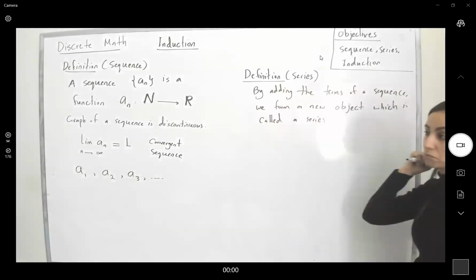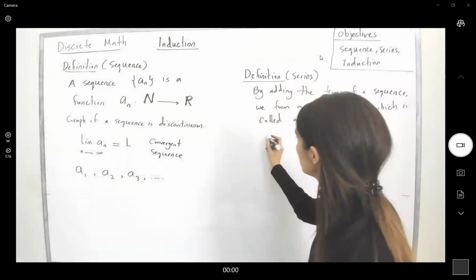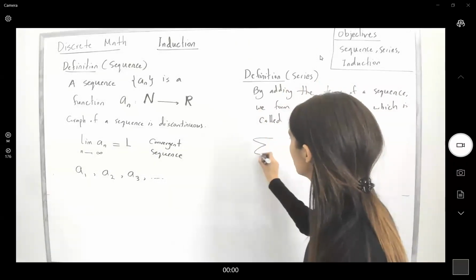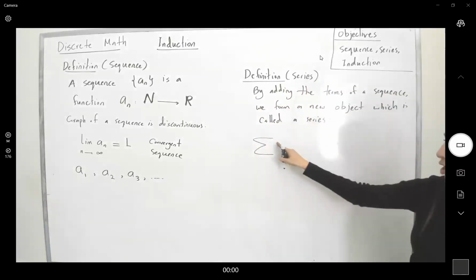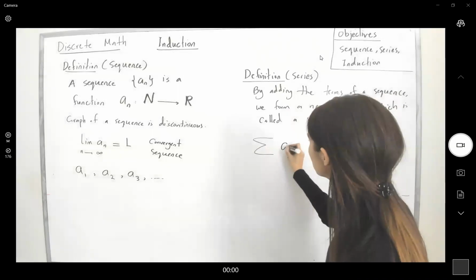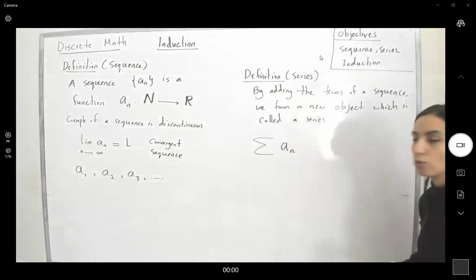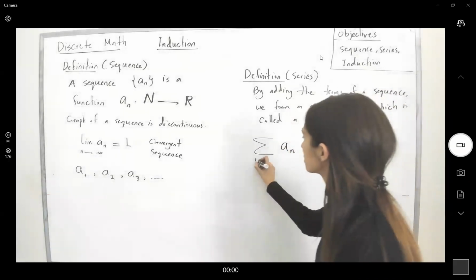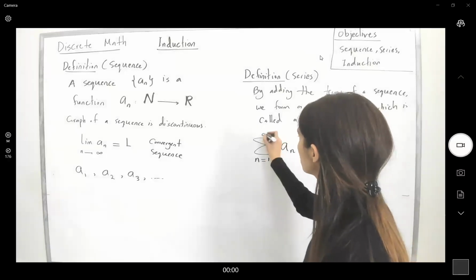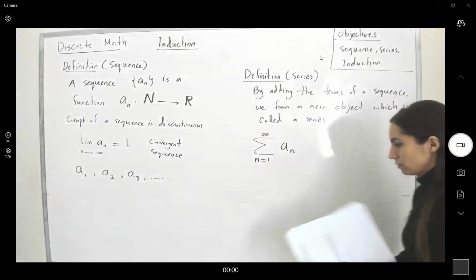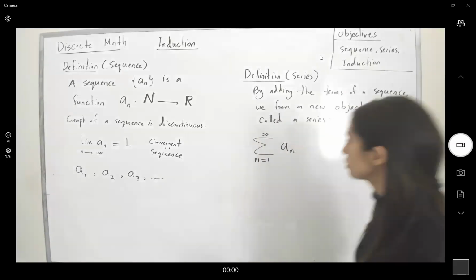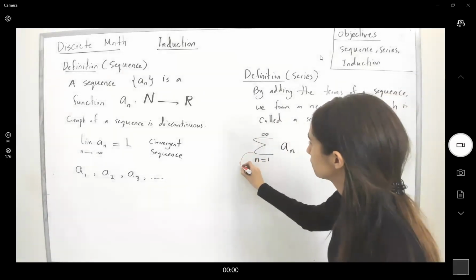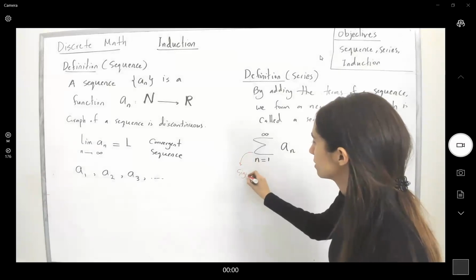So the summation notation, Greek letter sigma, is the sum over the terms of the sequence a sub n, starting from 1 and going to infinity. You read it as sigma.